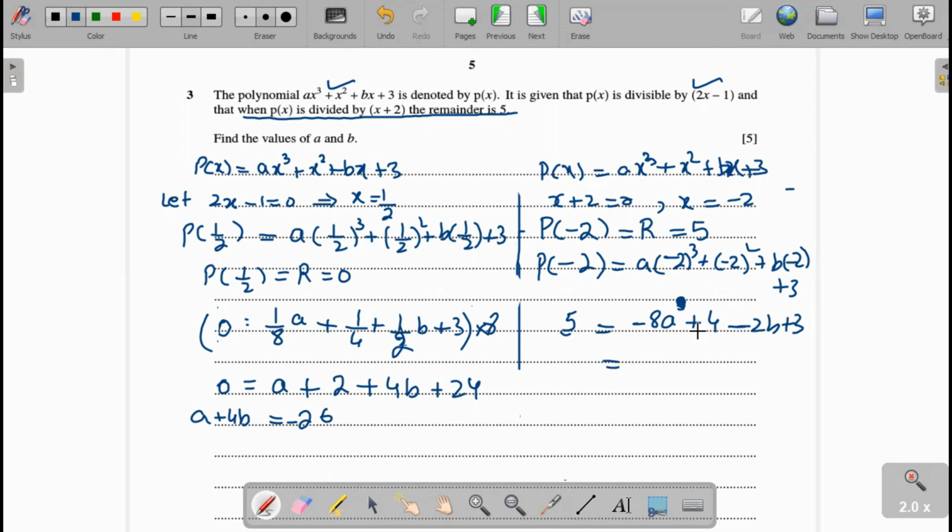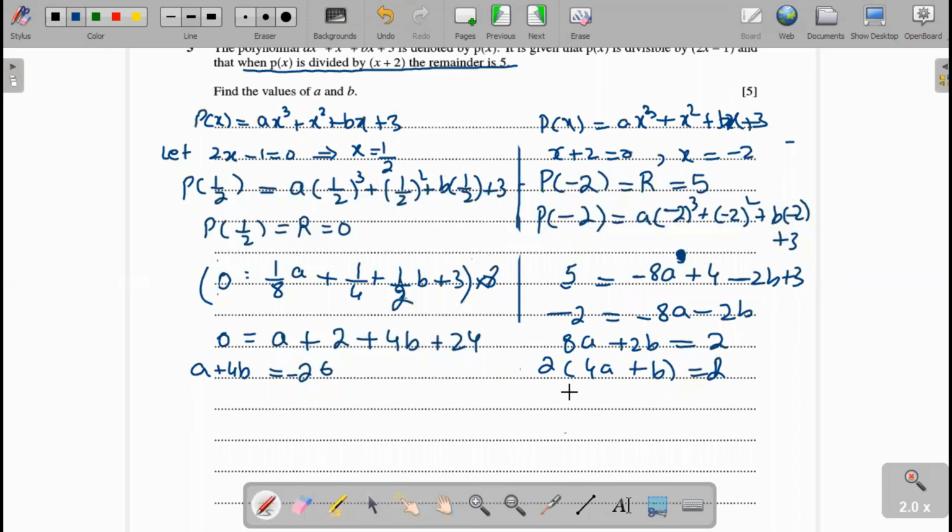That is minus 8a minus 2b plus 7 equals 5. From right to left side, we get minus 2. Therefore, 8a plus 2b will be equal to 2. Now we take 2 as a common factor. Therefore, 4a plus b equals 1.